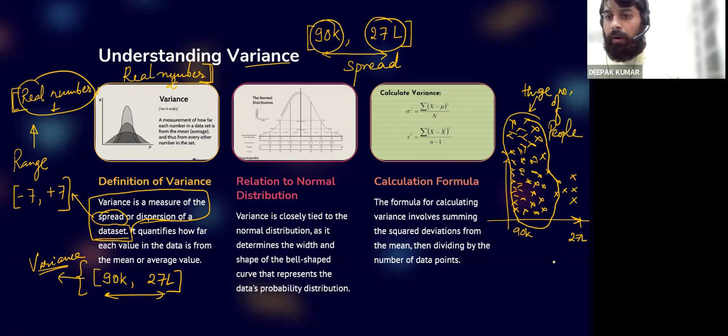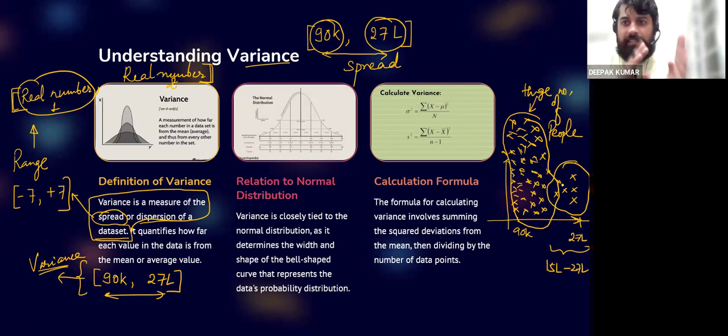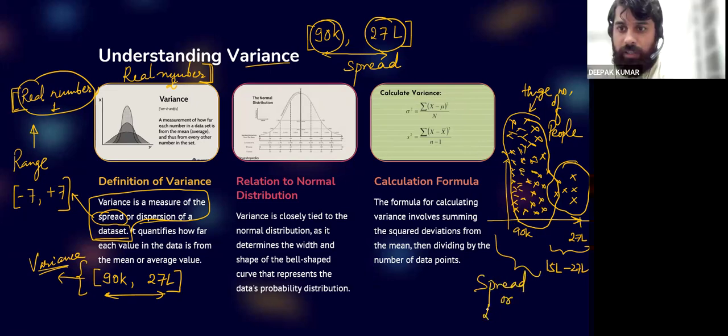But when you go to above 15 lakhs to 27 lakhs, the number of people is comparatively lesser than in the previous one. So such a thing, or may I say such a spread, this is called a spread. This is also called spread or dispersion.